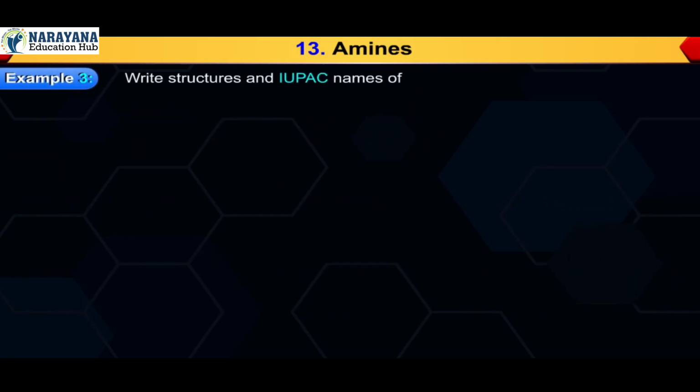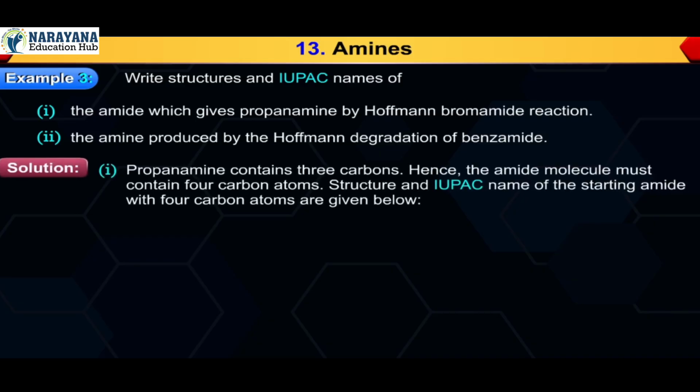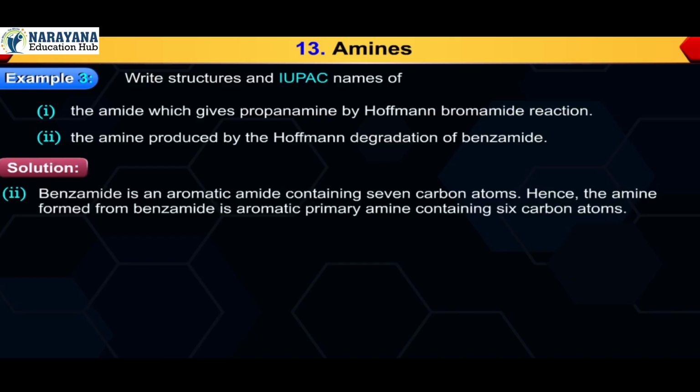Example 3. Write structures and IUPAC names of 1. the amine produced by the Hoffmann degradation of the given amide, and 2. the amine produced by the Hoffmann degradation of benzamide. Solution 1. Propanamine contains 3 carbons. Hence, the amide molecule must contain 4 carbon atoms. Structure and IUPAC name of the starting amide with 4 carbon atoms: butanamide. 2.